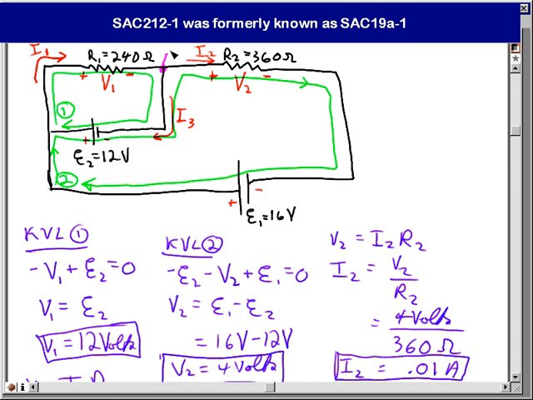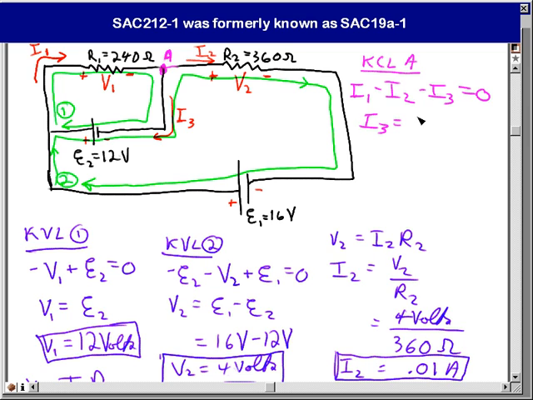If I do the junction, that's Kirchhoff's current law at junction A there. We have coming in an I1, minus an I2 because it's leaving, and minus I3 because it's leaving.